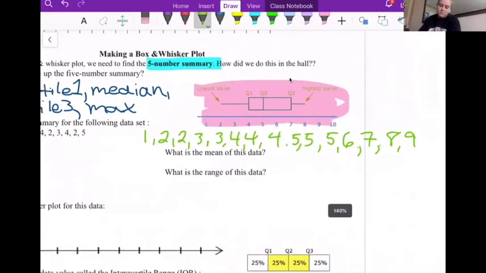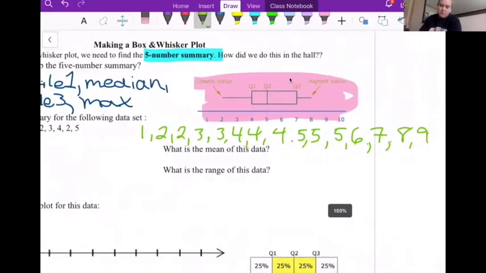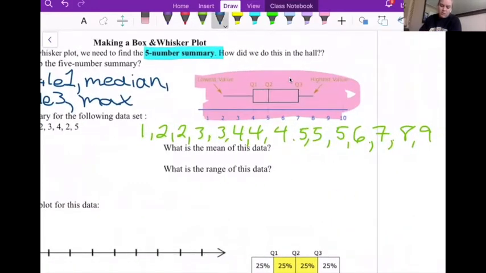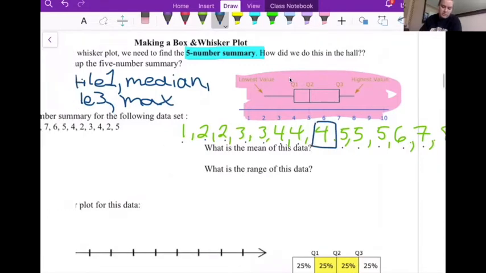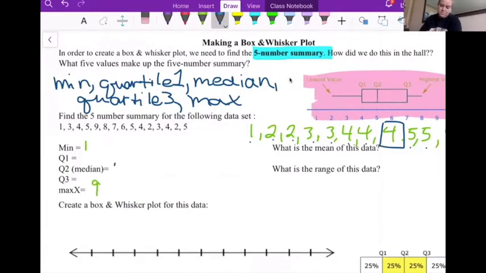Then we want to split this up. So if we go 1, 2, 3, 4, 5, 6, 7, 1, 2, 3, 4, 5, 6, 7, that means that this is our median. That is our middle number. Now, I know that each of these have 7.